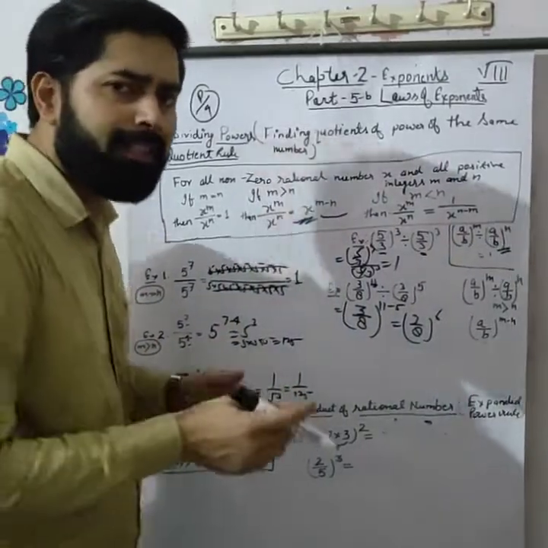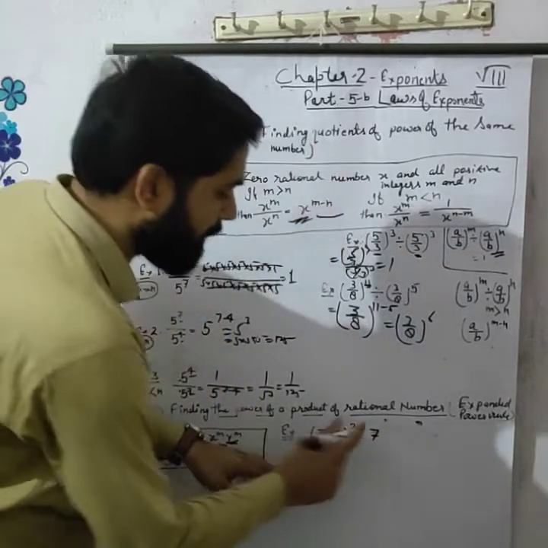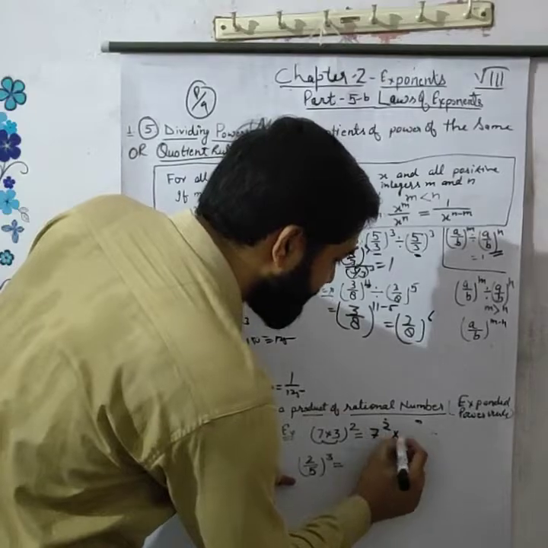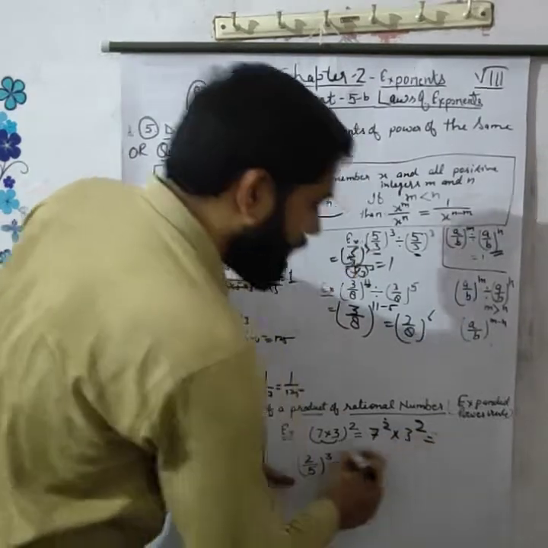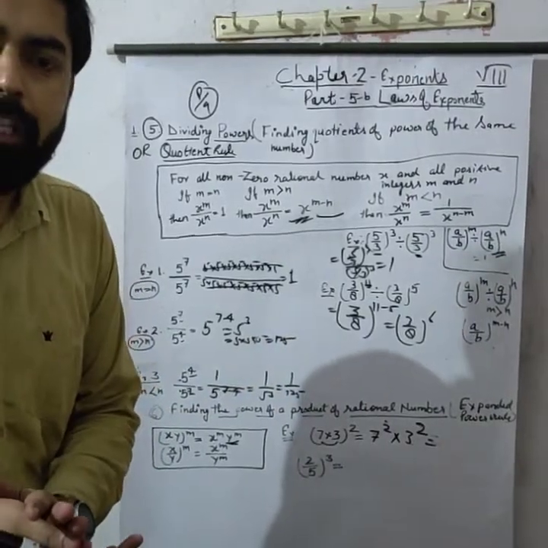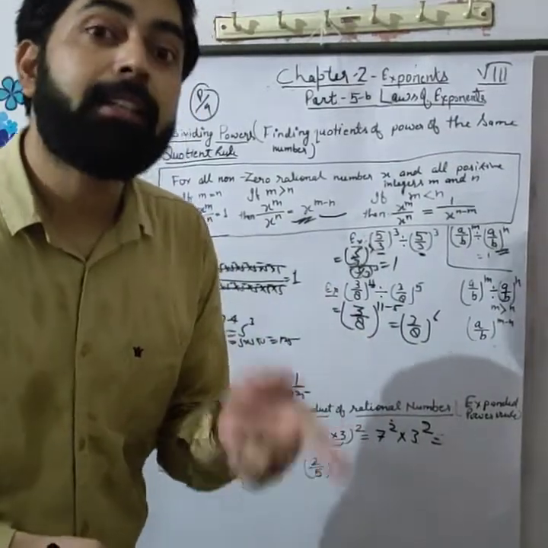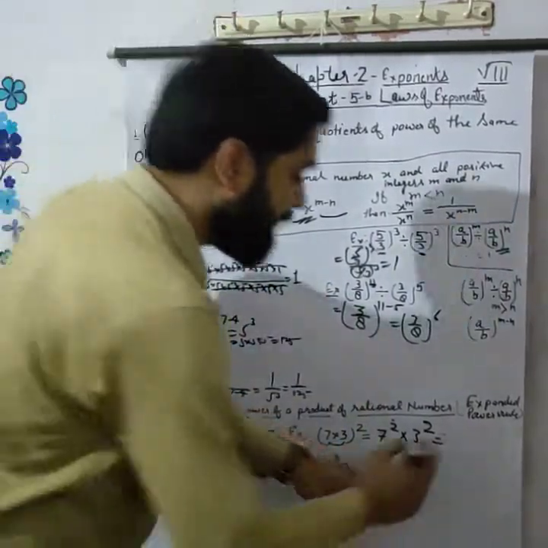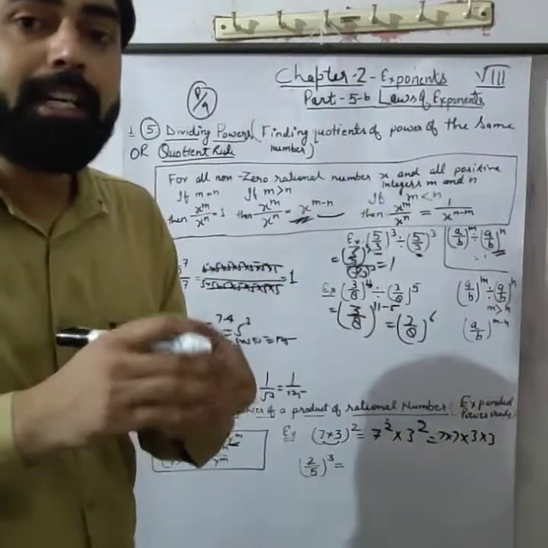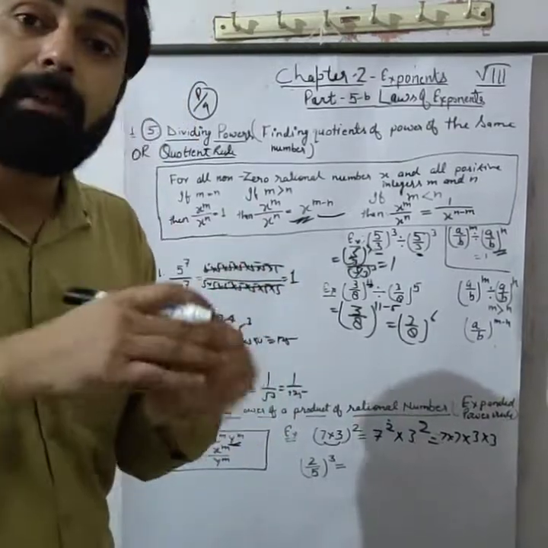So how can we solve? We just find the power of each factor. Each factor means first we find the power of 7. 7 raised to the power 2, and then 3 raised to the power 2. 7 power 2 does not mean 7 times 2 which is 14; it means 7 multiplied by 7, which is 49, times 3 multiplied by 3. 3 power 2 means 3 multiplied by itself, not 3 multiplied 2 times as 6.